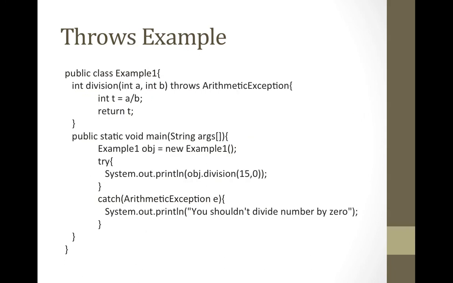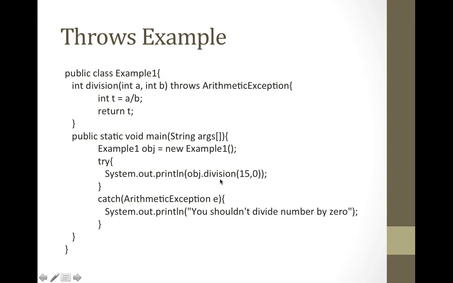Then we've got a throws keyword. Throws keyword is used with methods. If you think that one of your methods will throw an arithmetic exception, you just inform the compiler about that method: this method might throw an arithmetic exception, and that exception should be handled.